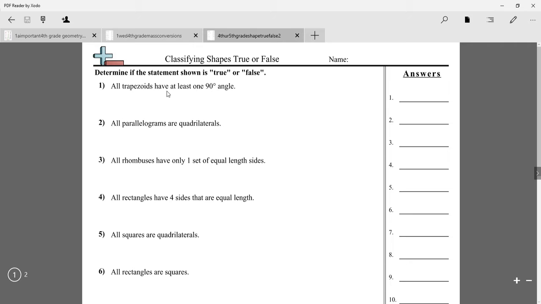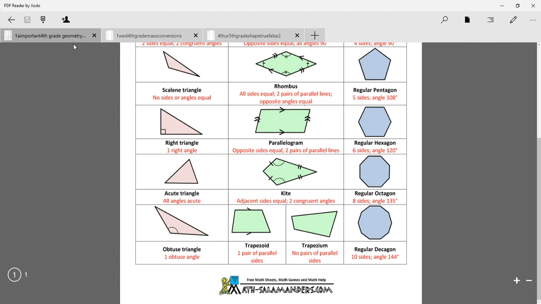All trapezoids have at least one 90-degree angle. No. Most trapezoids don't seem to have any 90-degree angles. I guess it would be possible that one did have a 90-degree angle, but certainly not all of them.